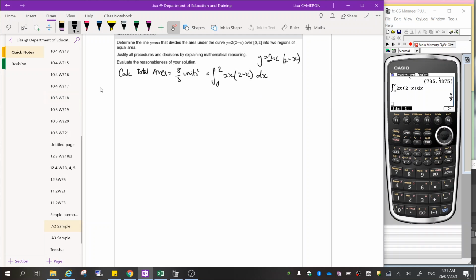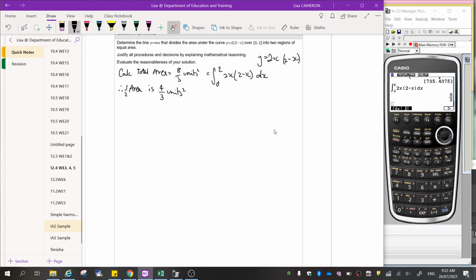Therefore, the integral, therefore, area is 4/3 units squared. That's what we're trying to test for. So half the area is 4/3 units.